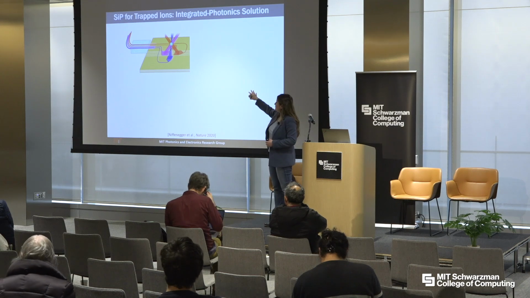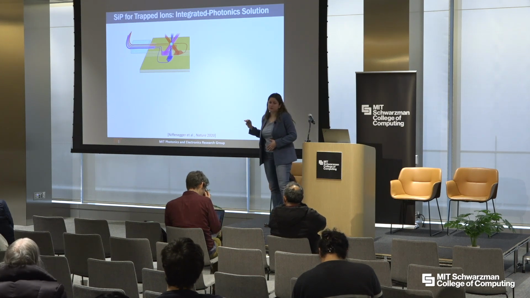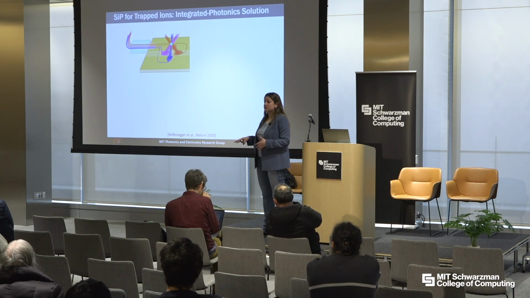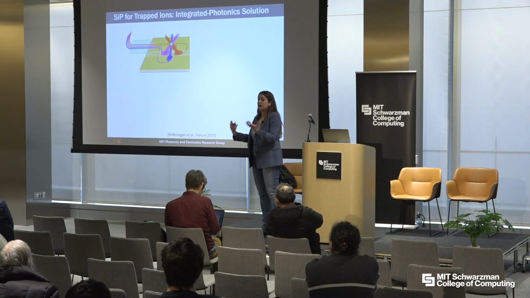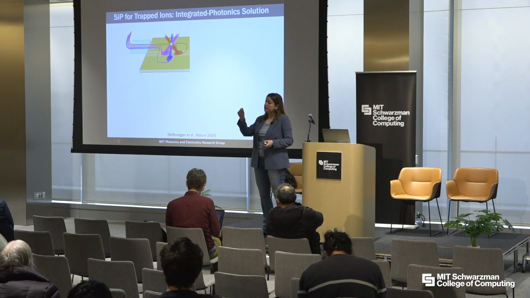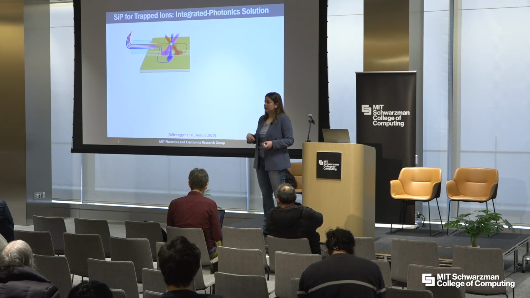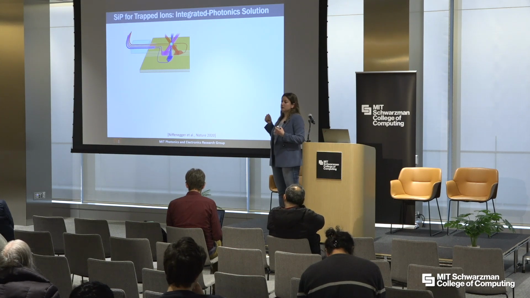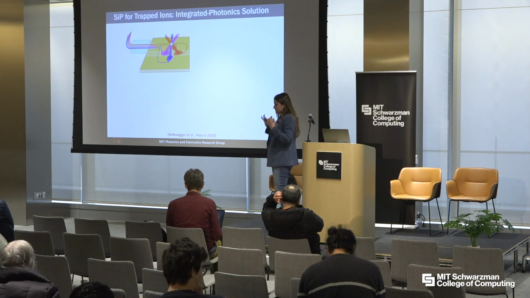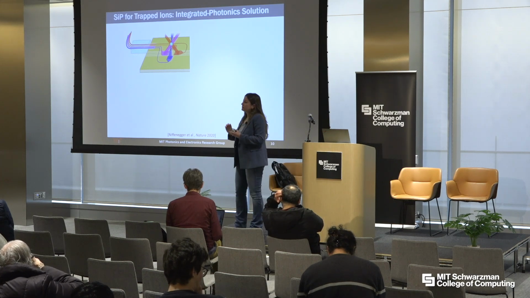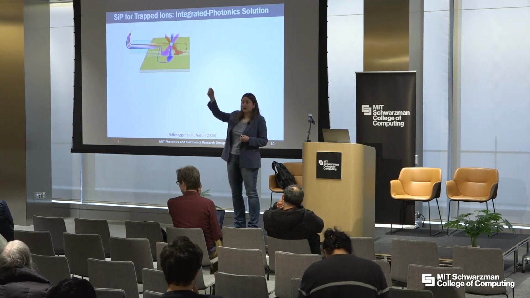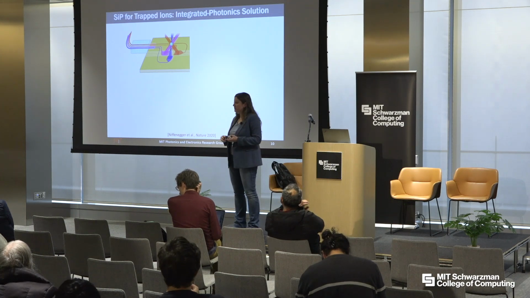You'll notice that in this rendering here from our friends at Lincoln Labs, they've colored the beams in different colors, and that's because we actually need different wavelengths or different colors of light to interface up to the ion to do different operations on the ion. The different operations that we're thinking about here are, first, cooling the ion. So you trap the ion there, now you need to cool it down to stabilize its motion. Then you have to do state preparation, so initializing what state, is it a 1 or a 0 that ion is initially in.